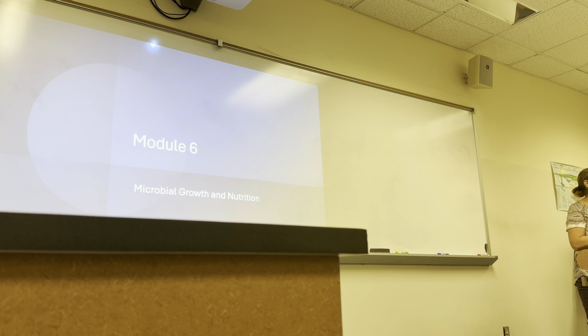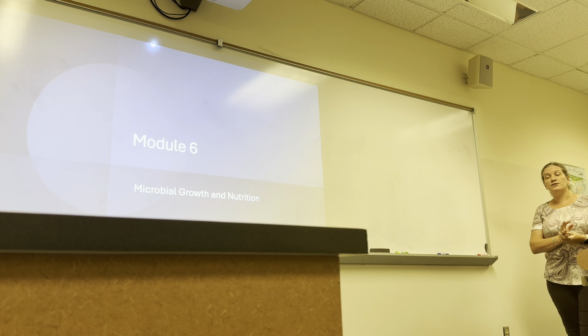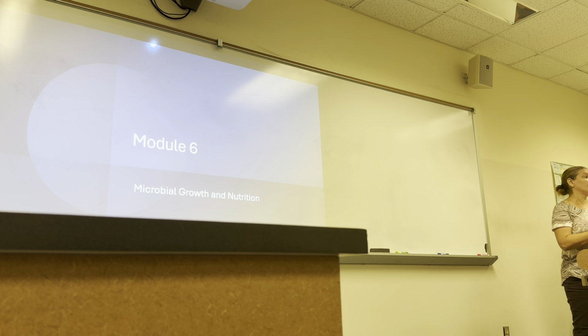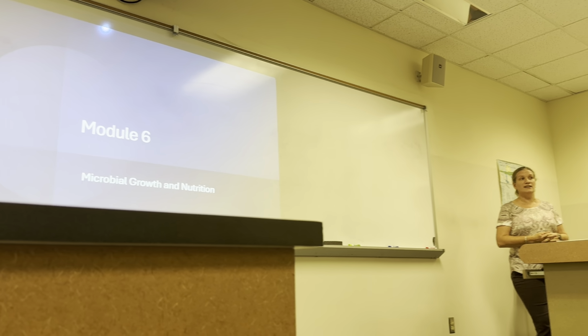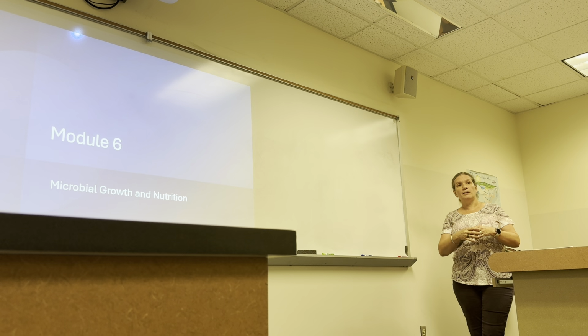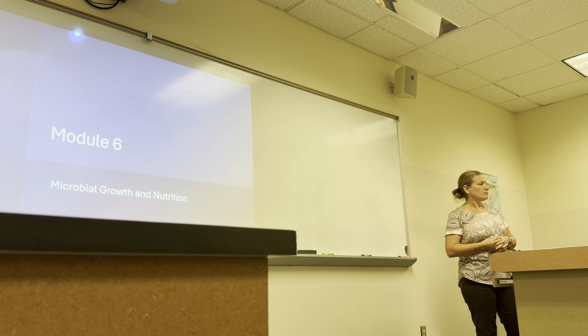When we are talking about microbial growth on agar surfaces, we're generally talking about a distinct, discrete colony or aggregate of cells that arise from a single cell or a group of attached cells.